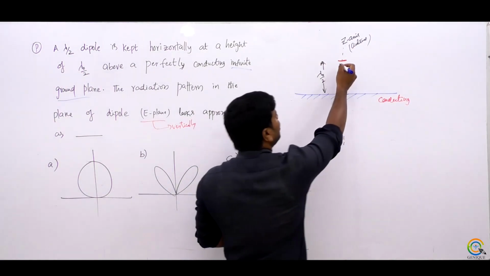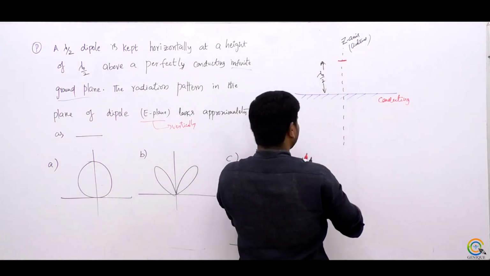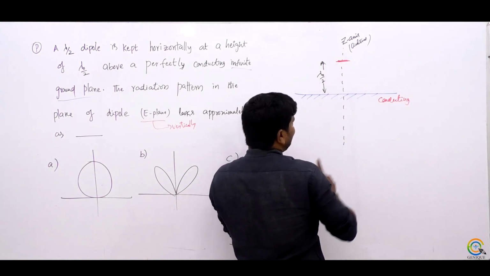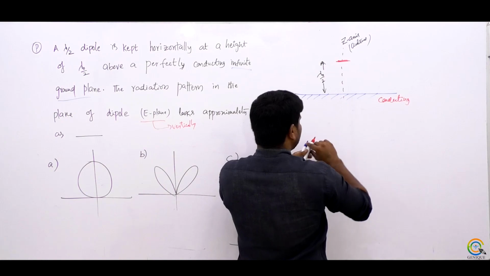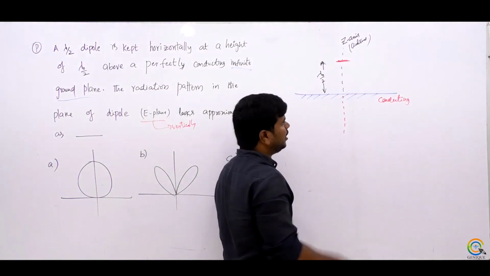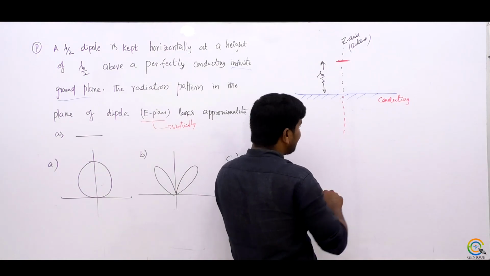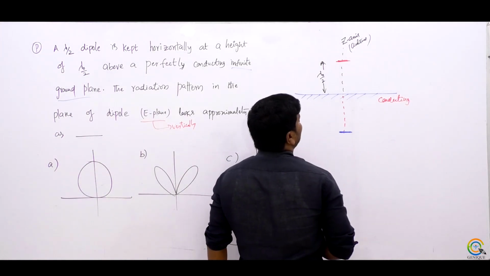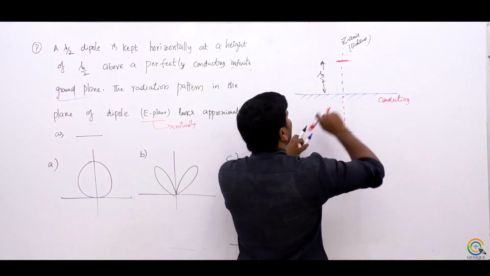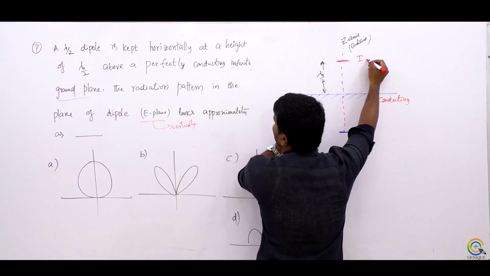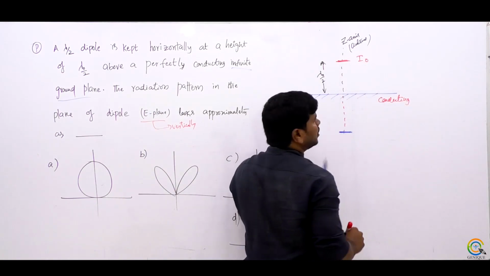So here there is one dipole. In this ground plane, near the conducting surface, there exists one more current element like this. This one is already existing, and we put a current of, let us suppose, I0.